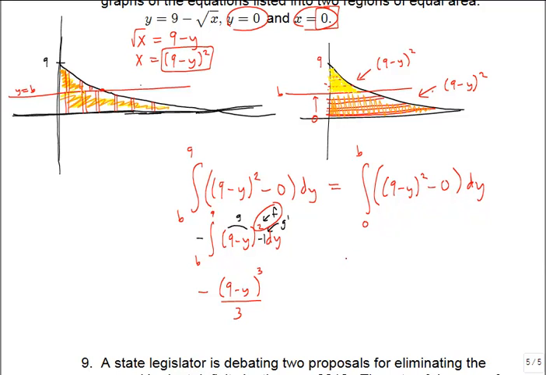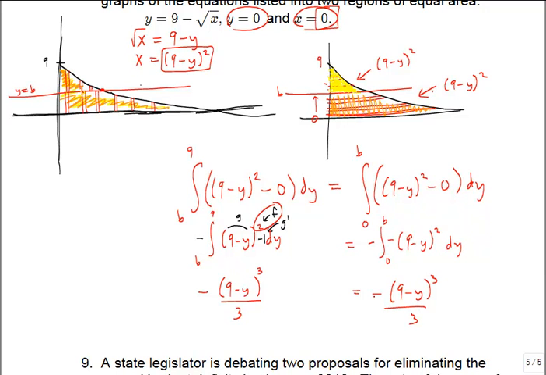And that's exactly what this integral is going to be as well on the right-hand side, because it's exactly the same function that we're integrating on both sides. We just have different bounds. So this integral here will also be a negative put in and a negative counterbalanced, and then it would become -(9 minus y) quantity cubed over 3.